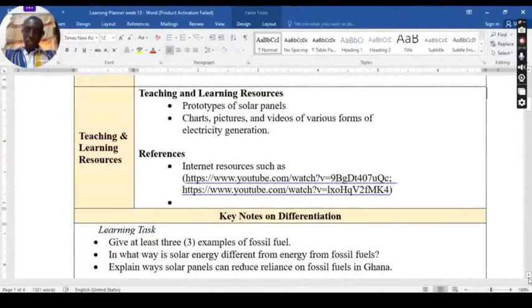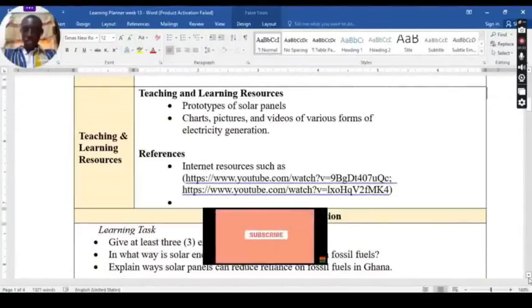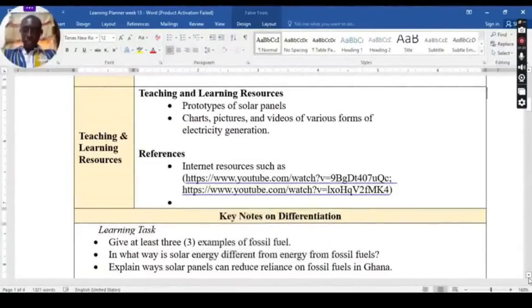For example, in the Junior Graphic, there is a page describing solar panel generation in Ghana, or someone has made a solar panel, and the picture is there. So you buy 30 graphics for a class of 30 learners. Each student will have one Junior Graphic, and that one you can classify as a TLR, teaching and learning resource.